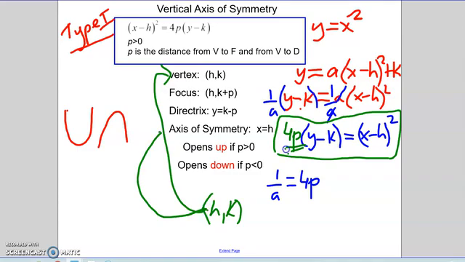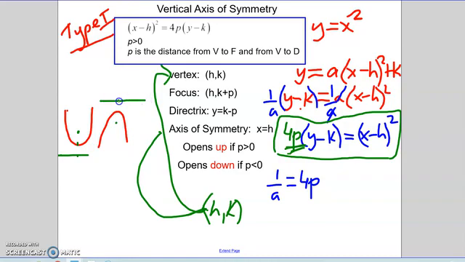But then this p value can be used to go up, if it's an upward facing parabola like this, we can go up from the vertex to get to our focus using p, and we can go down to get to the directrix. If it's a downward facing parabola, we go down to get to the focus, and then we go up to get to the directrix.